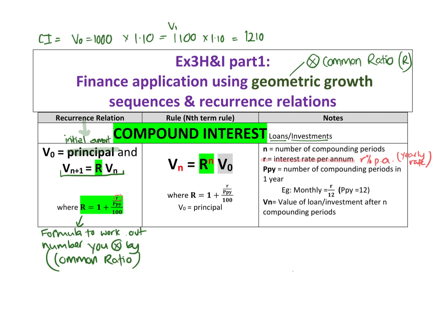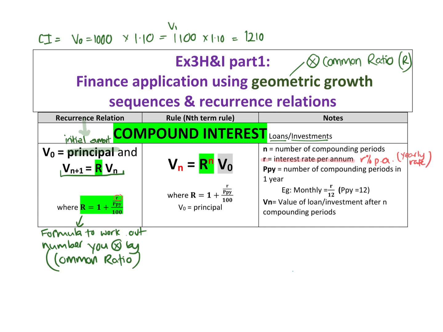So they take that per annum rate, divide it by, say, 12, and add that amount of percentage every month. If it's monthly, you divide by 12. If it was quarterly, you divide by 4. That's called the PPY. So you can see in the formula, we've got rate divided by PPY.